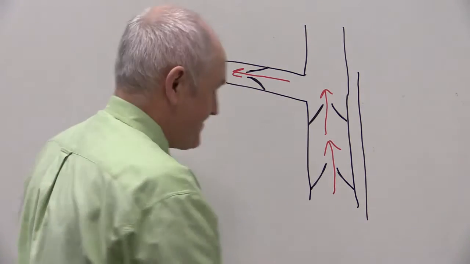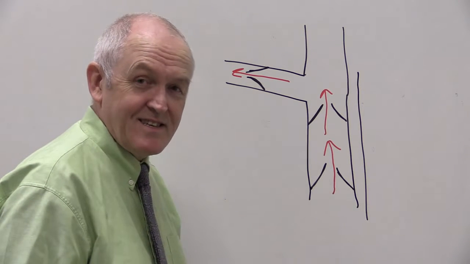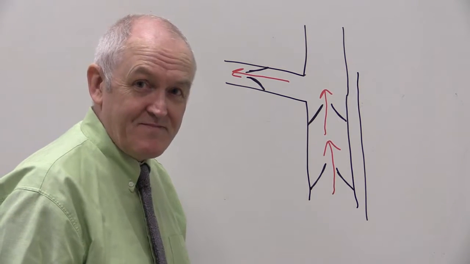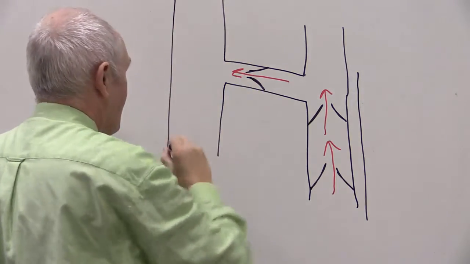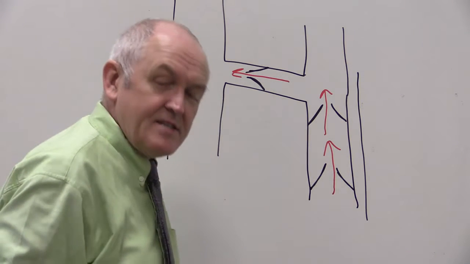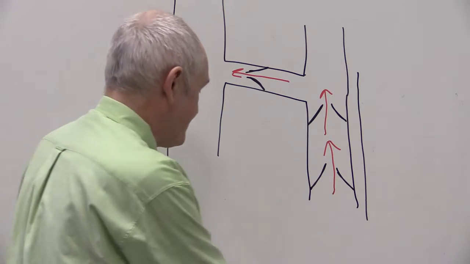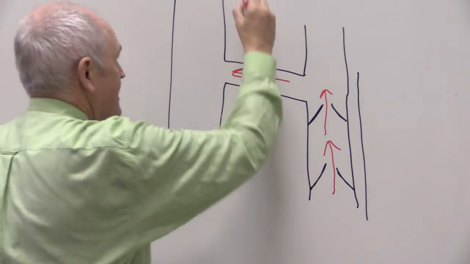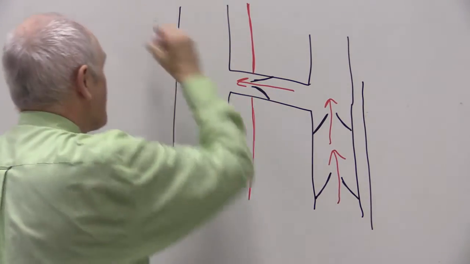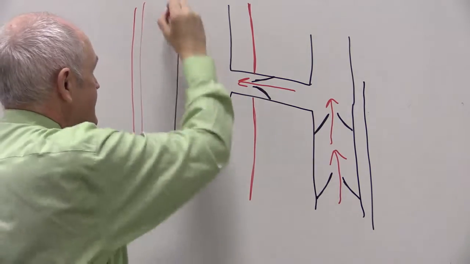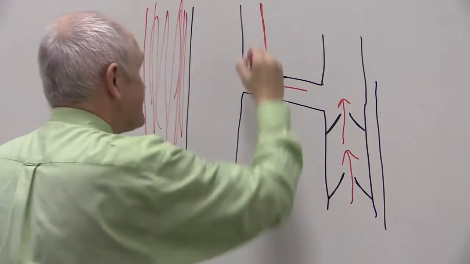But where does it go? Well, this blood goes into the deep veins, into the deep venous system. So here we have deep veins. And the thing about deep veins is they are inside the muscles. So here, surrounding this deep vein, we have the skeletal muscles. So this vein is inside a skeletal muscle.